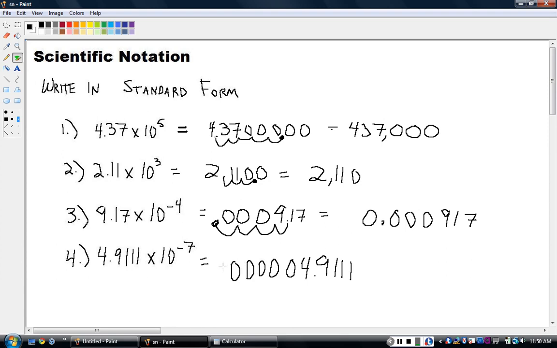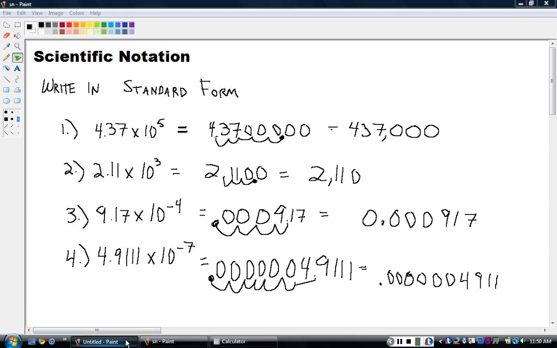So I'm just going to put a bunch in and see what happens. 1, 2, 3, 4, 5, 6, 7, and that means I need 6 zeros, right? 1, 2, 3, 4, 5, 6. That's a 0.000000 4, 9, 1, 1. Very small number. Okay? So that's a few examples of those.